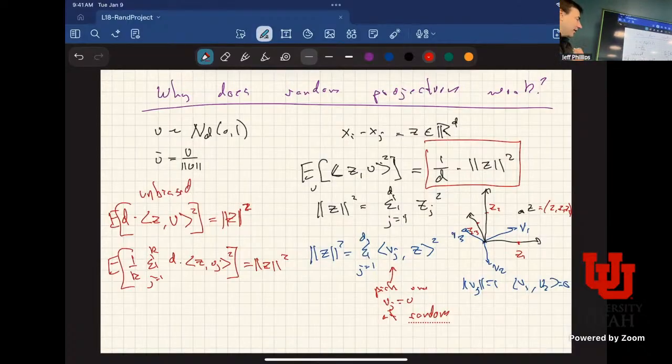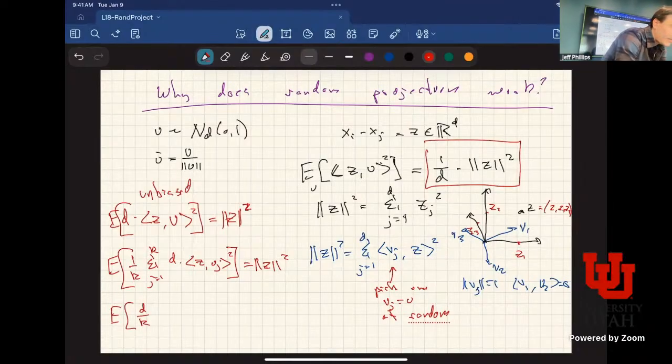And in fact, I can do a little bit of algebra here, and I can say this is d over k, and I can push all of these terms inside, and this is the norm of z times a U vector squared, where U is now a matrix that encodes U1, U2 up to UK.